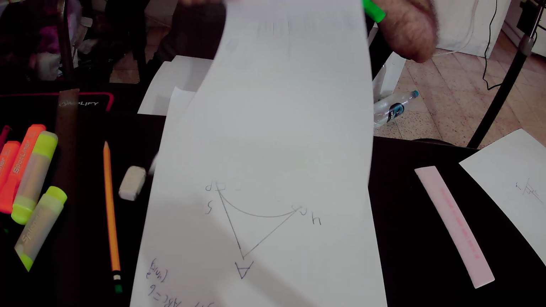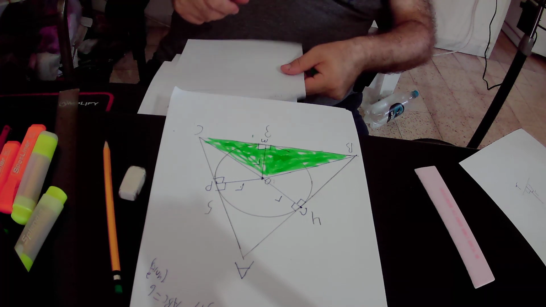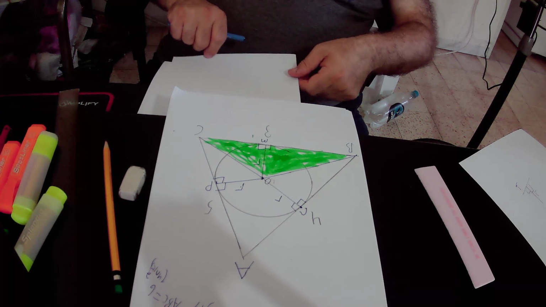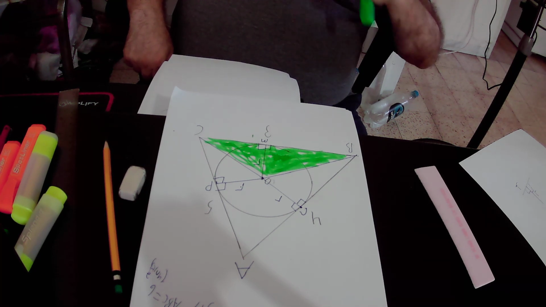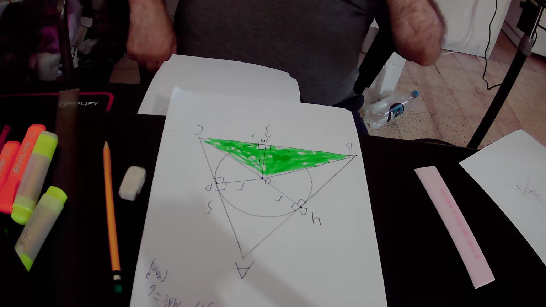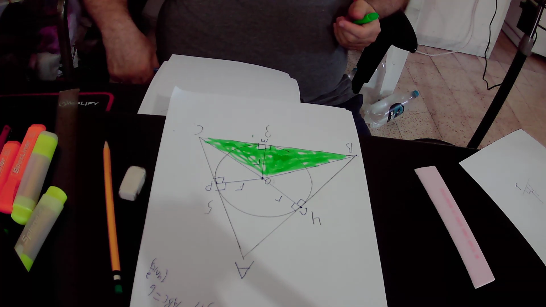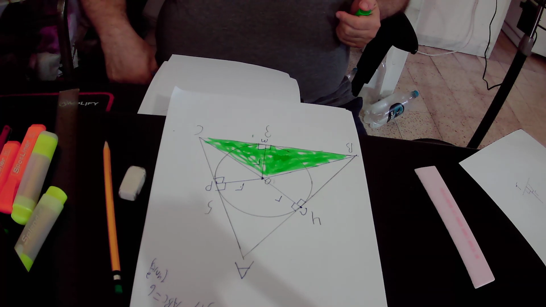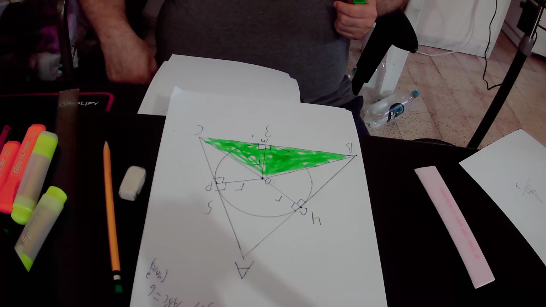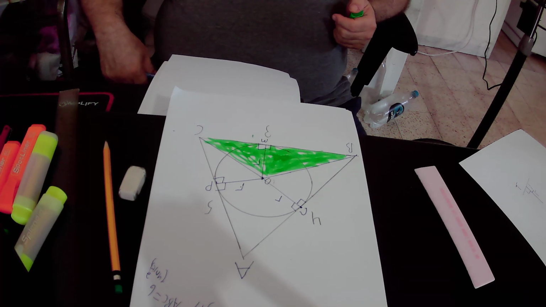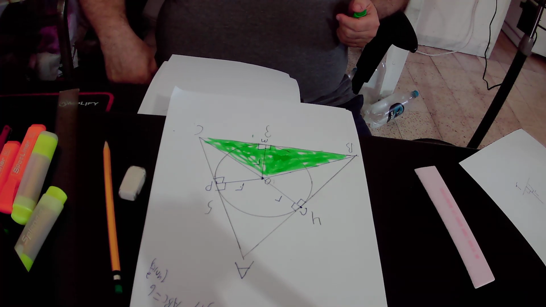So actually, if we want to calculate the area of the green triangle, I will say that the area is A, an abbreviation for the area.